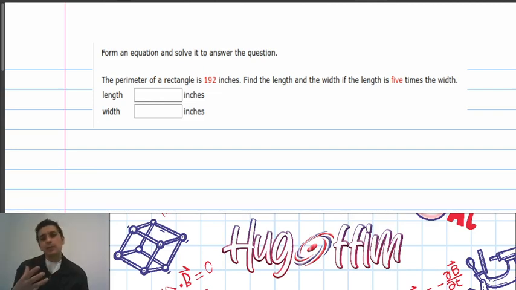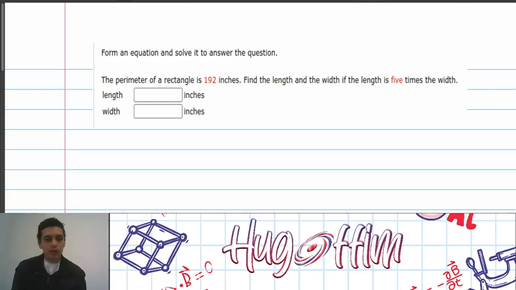So the first thing that I'm going to do for solving this exercise is to try to imagine my rectangle, try to do it in a way that I can see it graphically in a pictogram, and then I can have my equation.